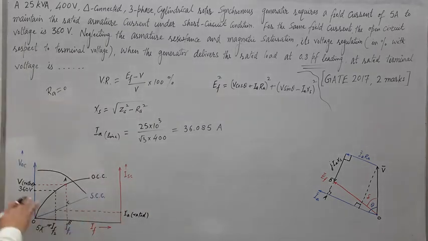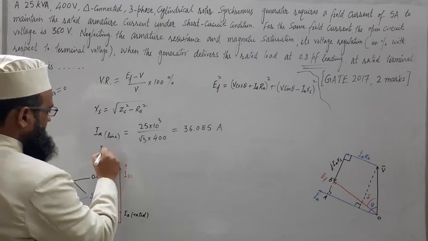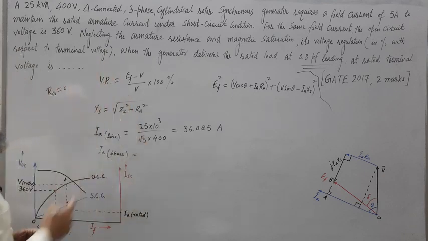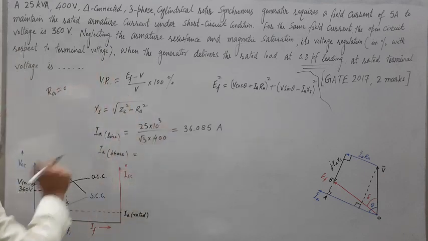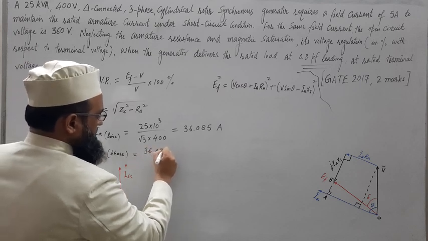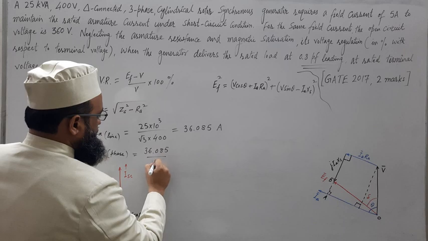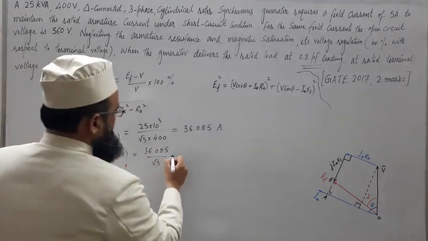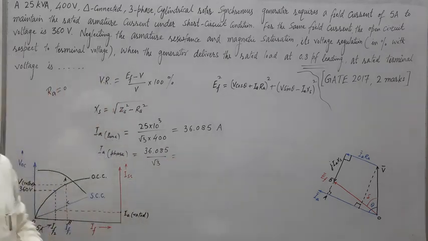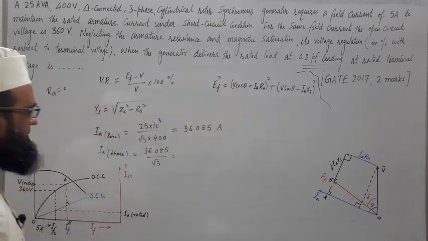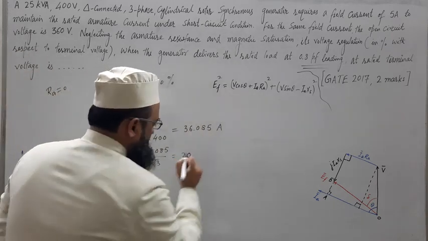Hence, we have all quantities on a per phase basis. Hence IA phase in case of delta. In case of a star it will be the same, but in case of delta you need to divide it by root 3. Line current is more than phase current. So phase current is coming out to be 20.20.